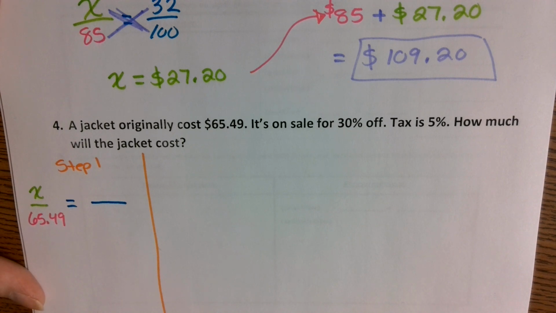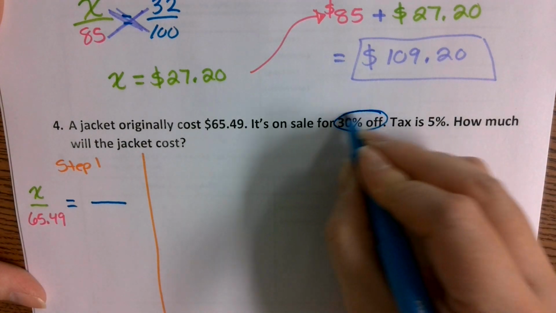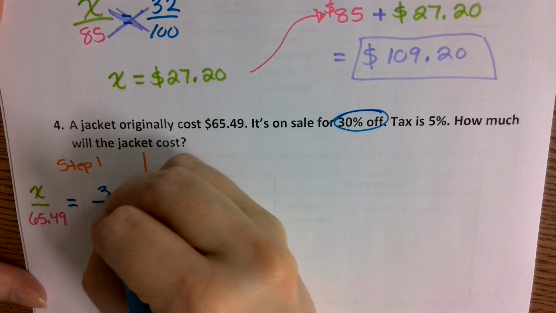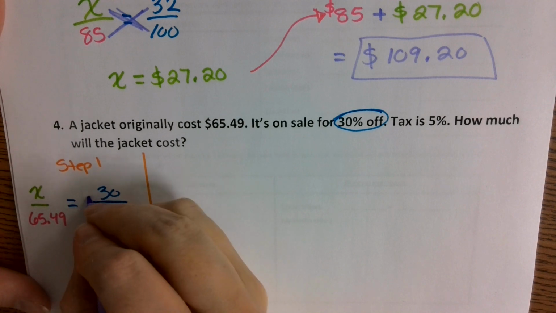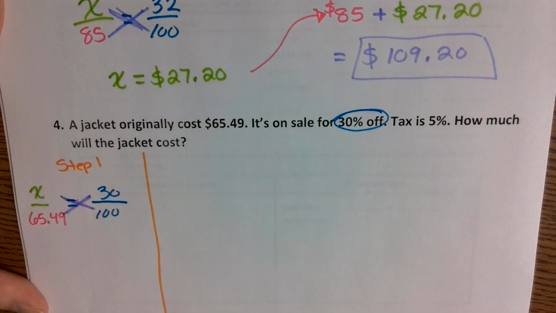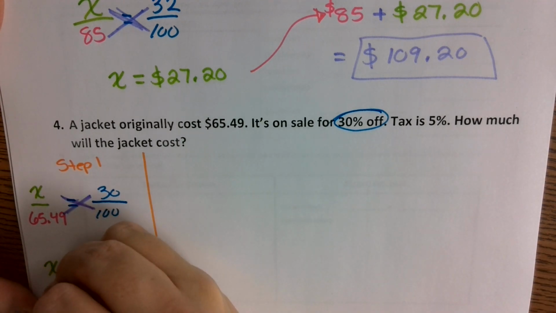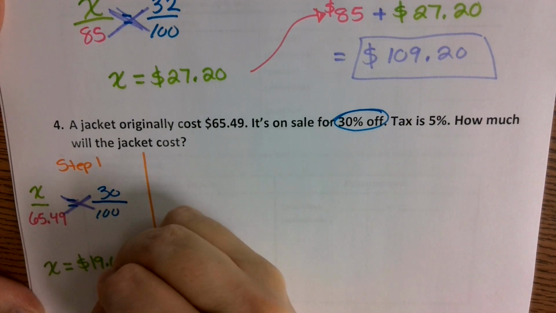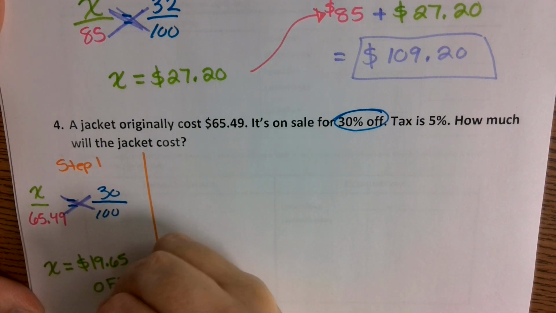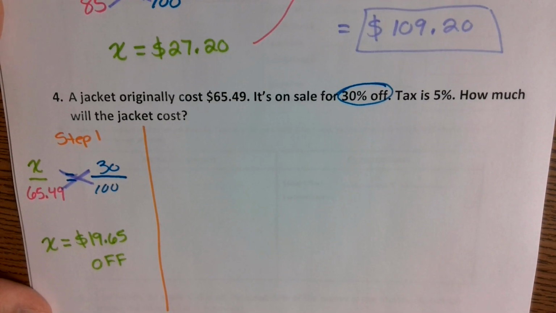What percent is our discount? 30%. 30% is how much is coming off. 30 over 100. You're going to cross product it, and you're going to get that your X, if you round it correctly, because you have to round, is going to be $19.65 off.